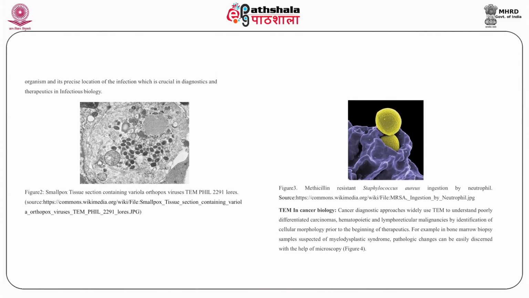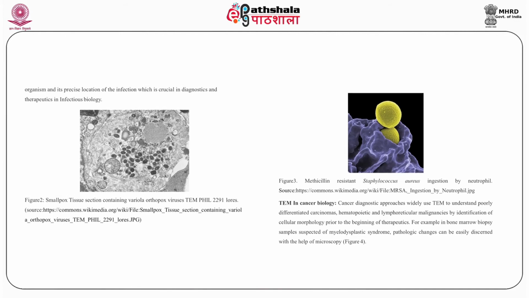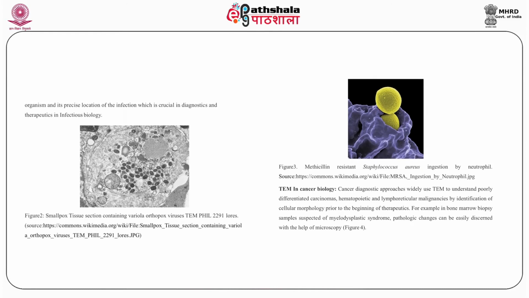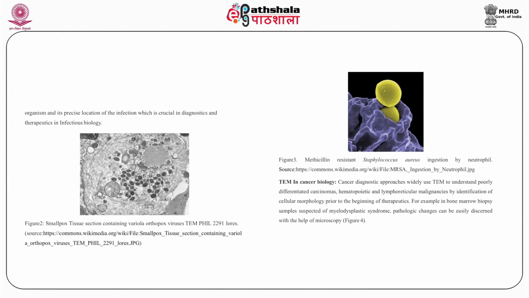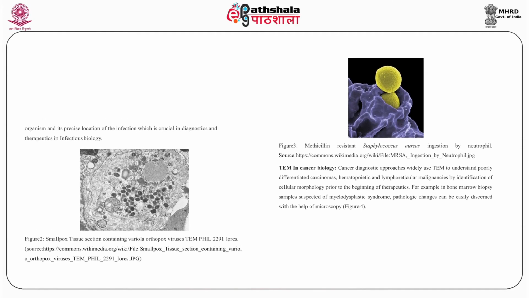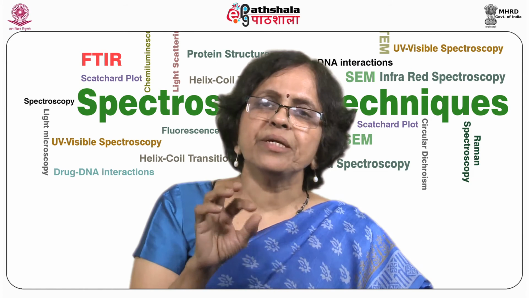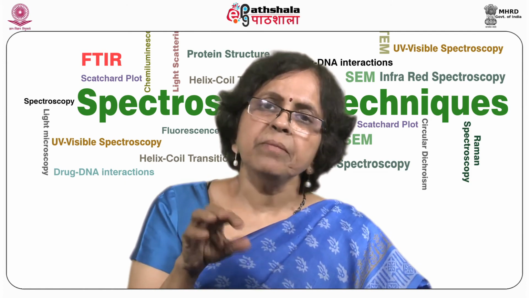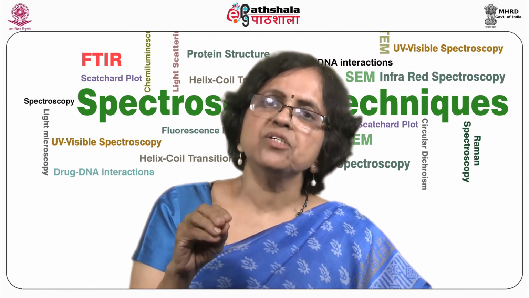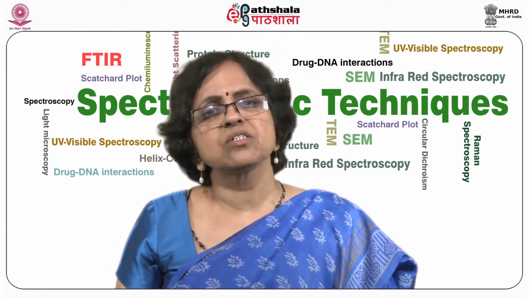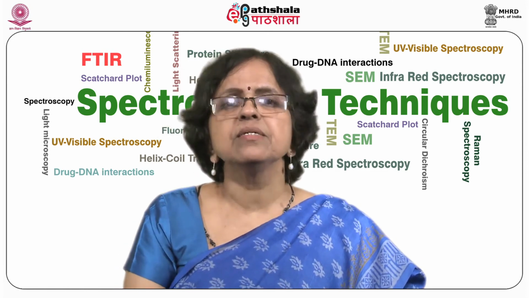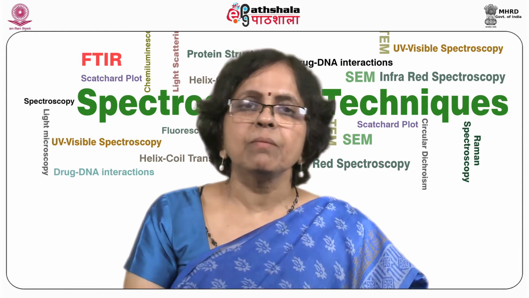This is taken from a database, and the other picture is the methicillin resistant Staphylococcus ingested by the neutrophils. Now, when you see all these pictures, you will appreciate that TEM has its advantages in looking into structural organization and structural details, which you normally don't see in a normal microscope.